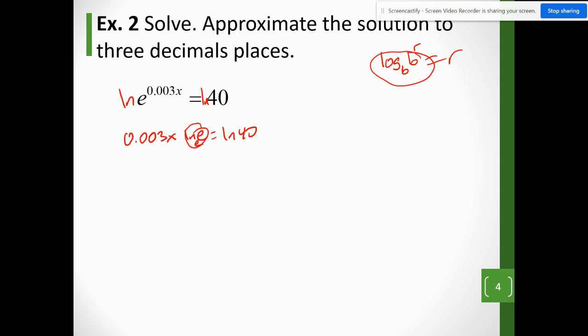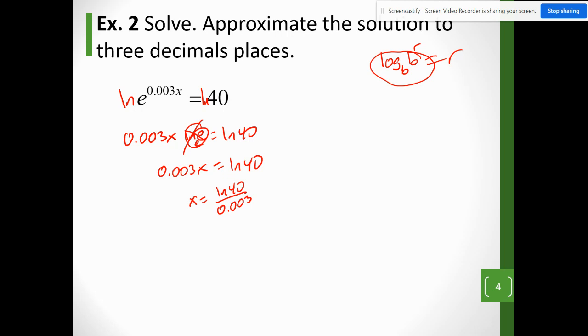That whole thing cancels out. It's just 1. So I have that 0.003x is equal to ln of 40. So I'm just going to say that my x is equal to ln of 40 divided by 0.003.